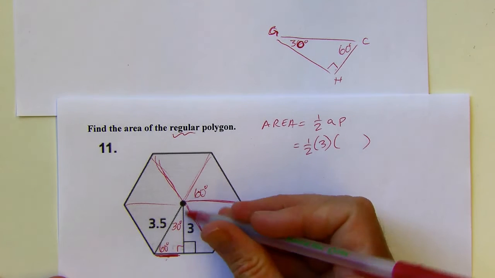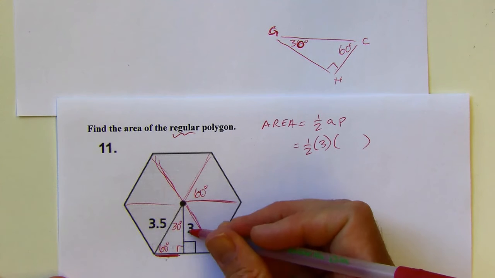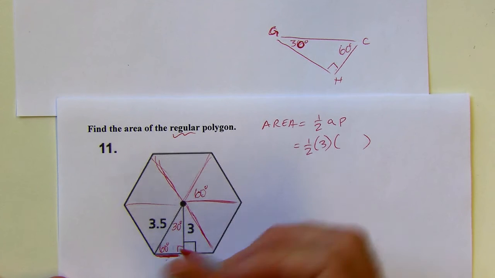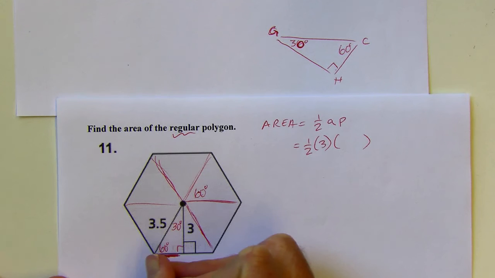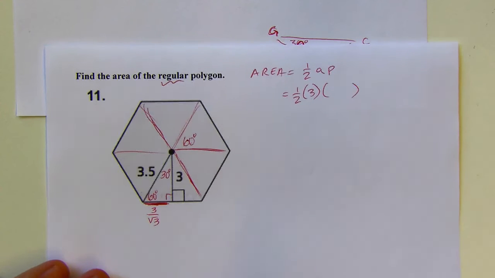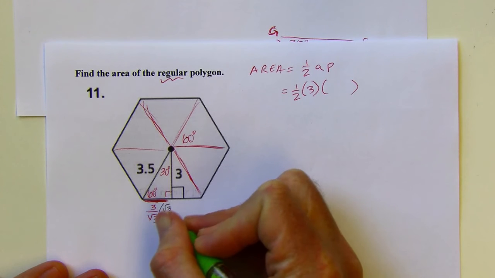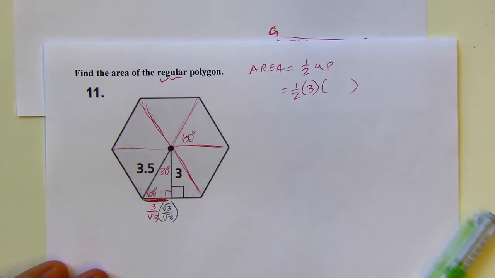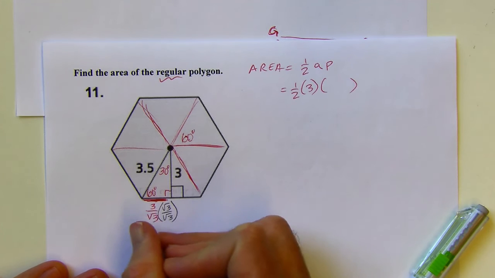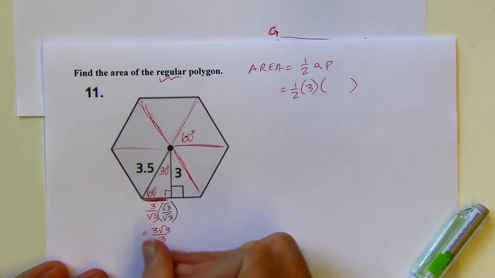I've got the long leg. If I want the short leg from there, I'm going to divide by the square root of 3. This is from a couple chapters ago. And then I can multiply by root 3 if I want to put this in simple radical form, root 3 over 3. So that gives me 3 root 3 over 3, which simplifies to just root 3.